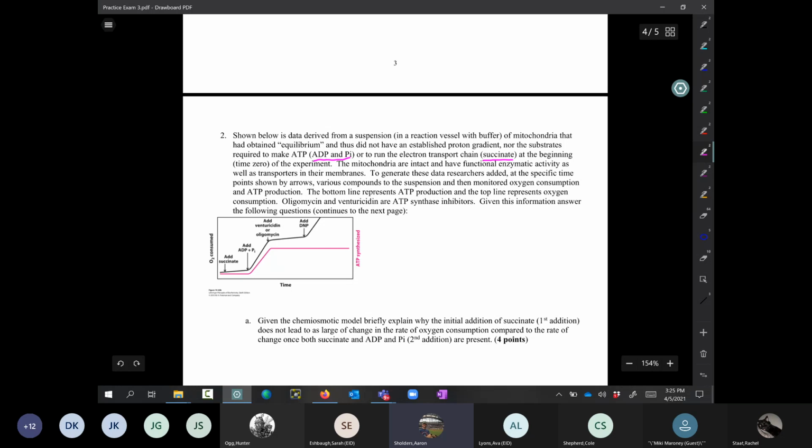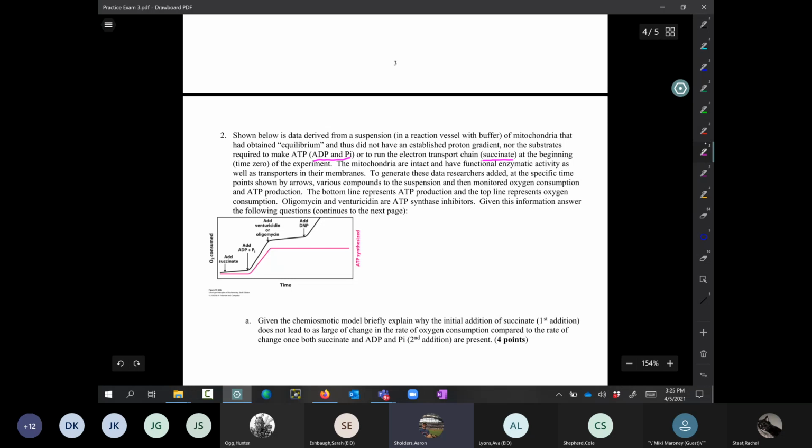Succinate will kickstart the electron transport chain, and ADP and inorganic phosphate are the substrates needed to run ATP synthase. Because they're coupled, if you don't give the mitochondria in the suspension both of those things, and oxygen, which you have to bubble through this, then you can't get anything to happen, because both processes rely on each other.